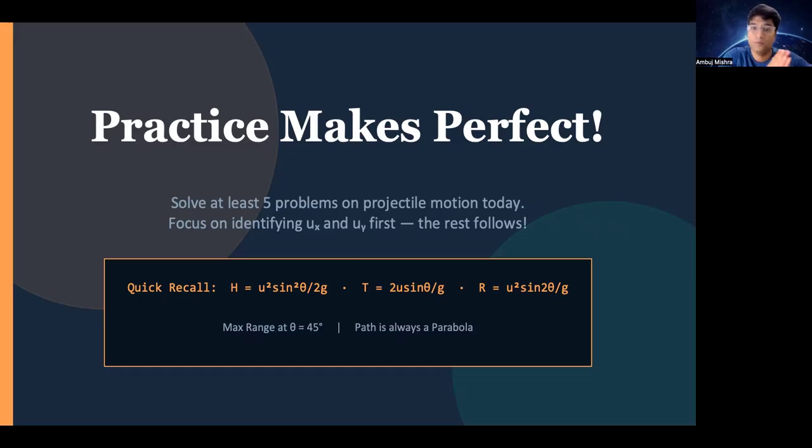Basically, the formulas for H, T, which is the time it takes for the projectile to come down to the ground, and R, which is the range. And maximum range comes when theta is equal to 45 degrees. The path is always a parabola. So that's the end of the class. Thank you.